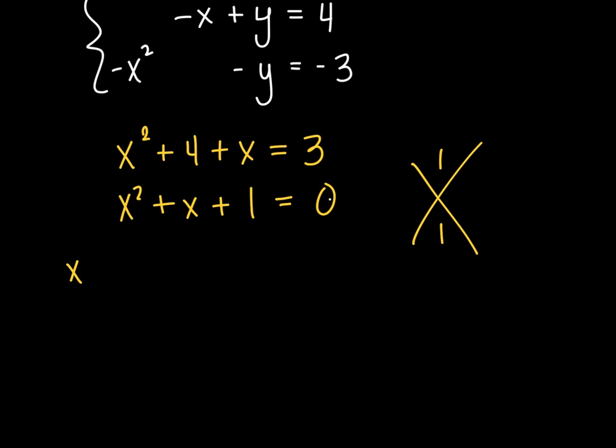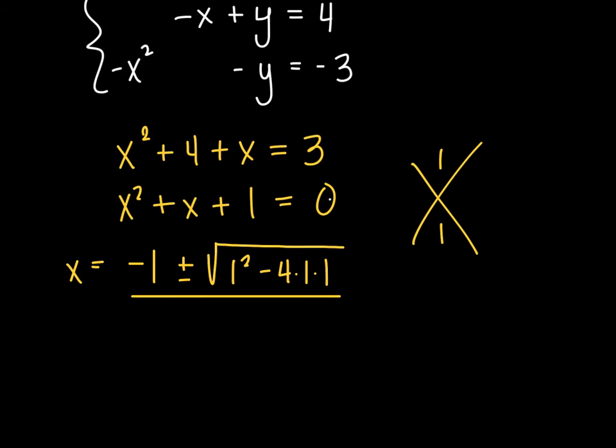So we'll have x equals negative b, which is negative 1, plus or minus the square root of b squared, 1 squared, minus 4ac, that's 4 times 1 times 1, all over 2a. So as we simplify, the solutions for x are negative 1 plus or minus the square root of 1 minus 4, over 2.